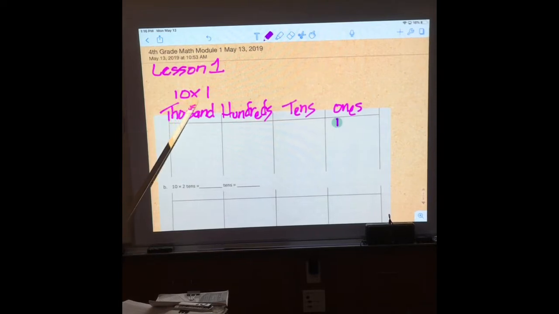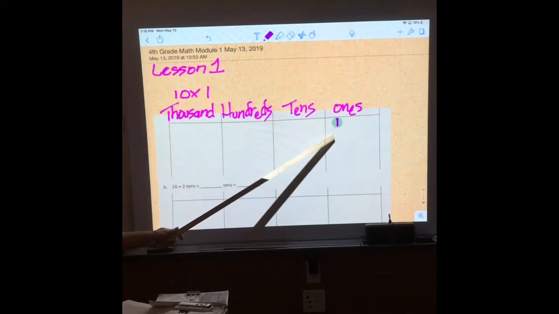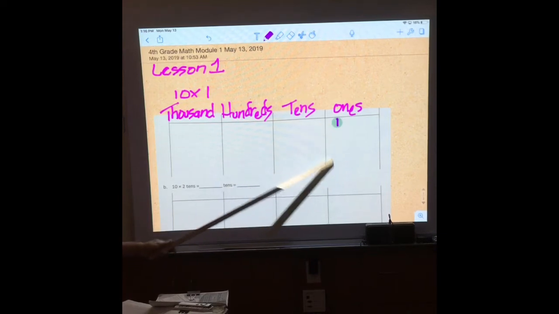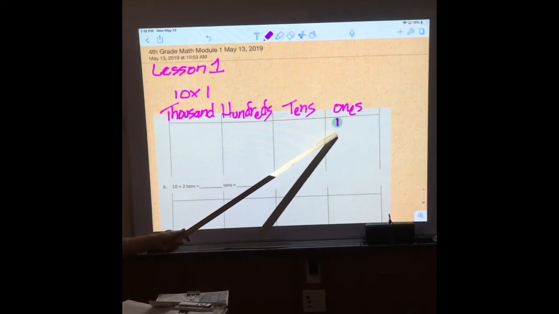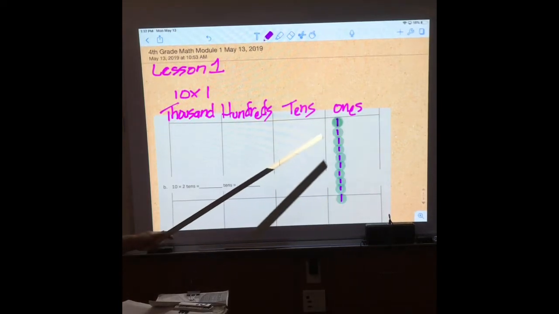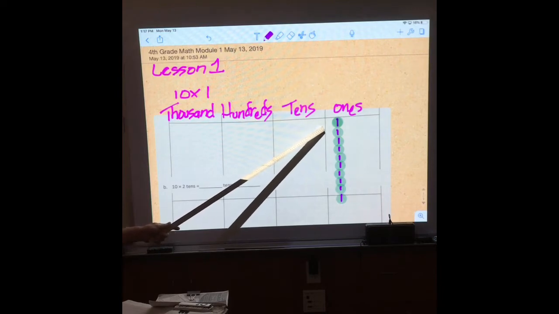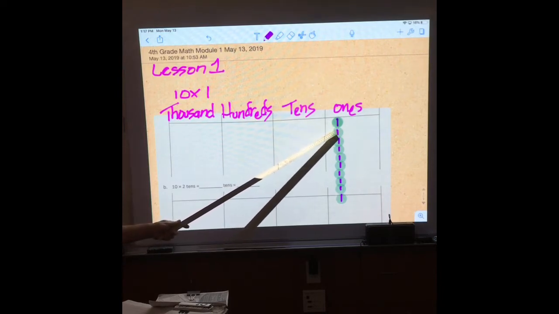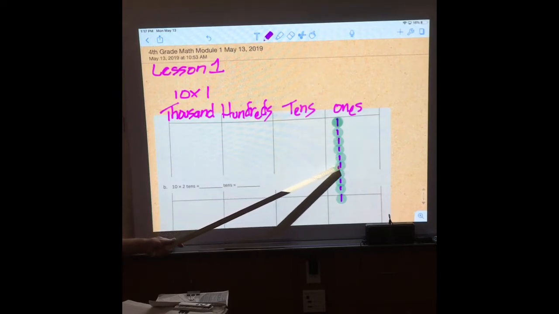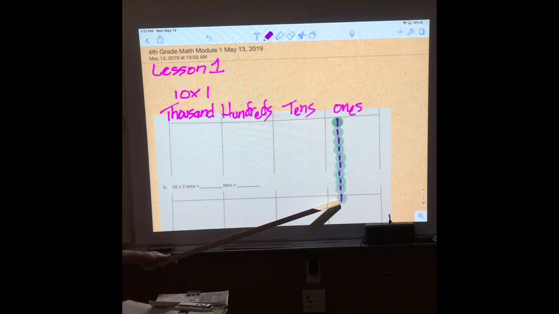What if I said 10 times 1? How would we represent that in our ones? Yeah, we need to have how many dots? Right, 10 dots. So let's go ahead and count our dots. We have 1, 2, 3, 4, 5, 6, 7, 8, 9, 10. We have 10 dots.